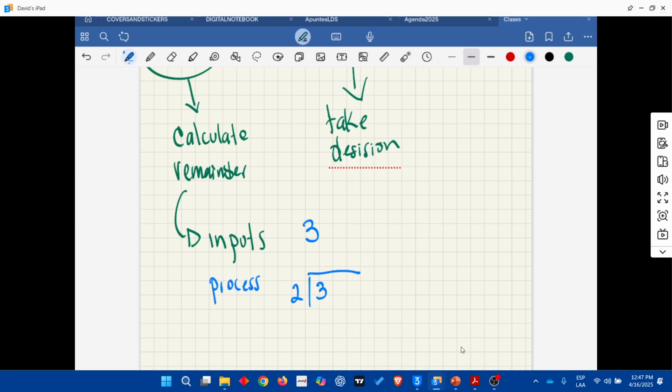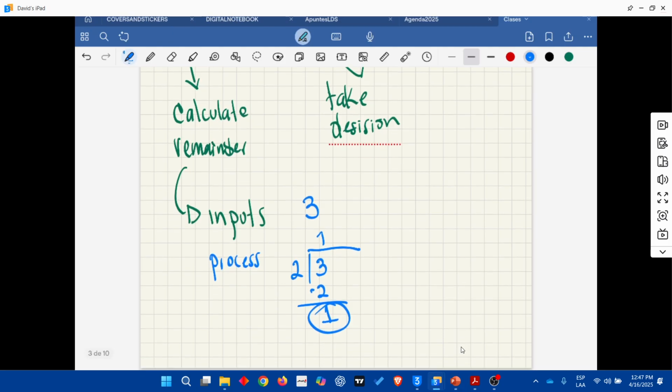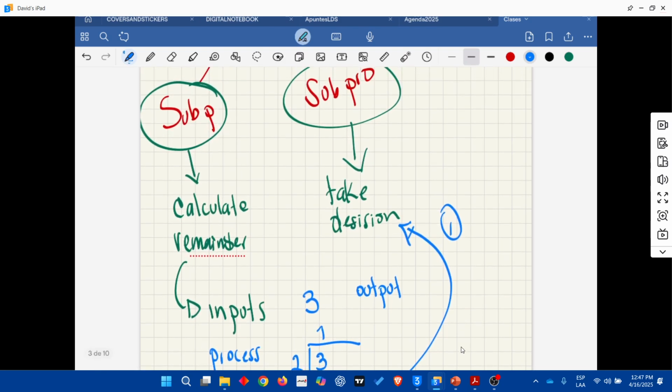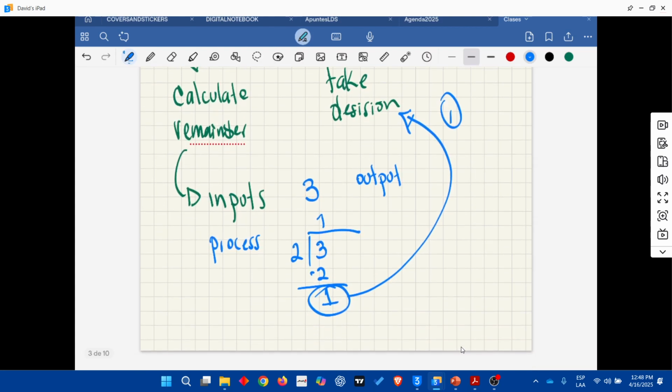That means that here we are going to have this one. This is our remainder. That is the process. Then we are going to give the output. But for giving the output, we are going to decide if 1 makes 3 an even or an odd number.